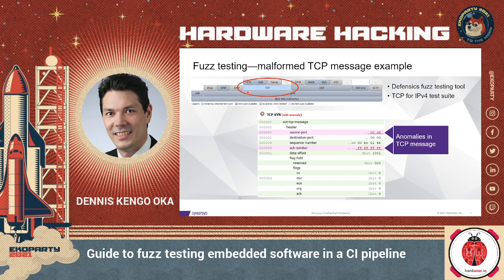And within the TCP test suite, we have a number of different fuzzed messages. This example here shows the different fields in a TCP message, where we can see that the source port and the ACK number, for example, contain anomalies. We can then send these fuzzed messages with these anomalies to a target system and observe how that target system would respond to these messages.